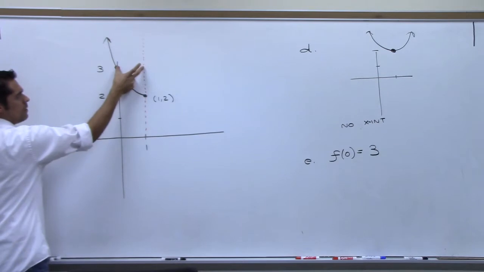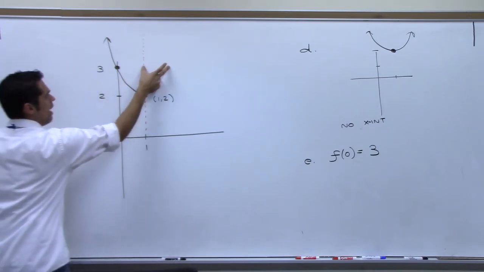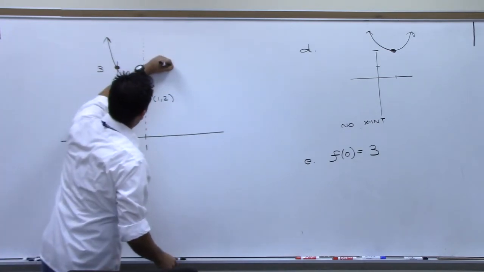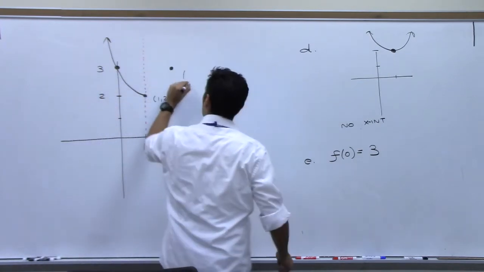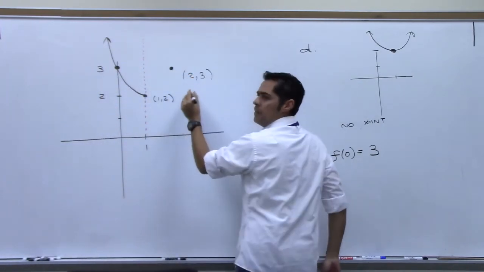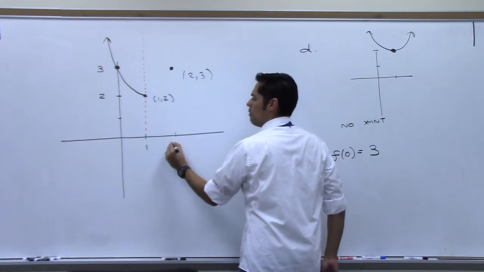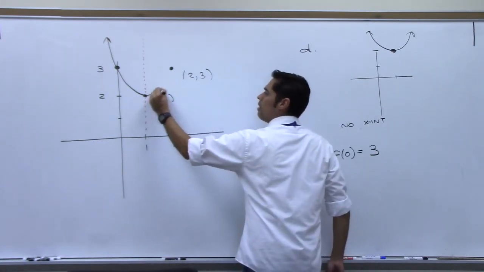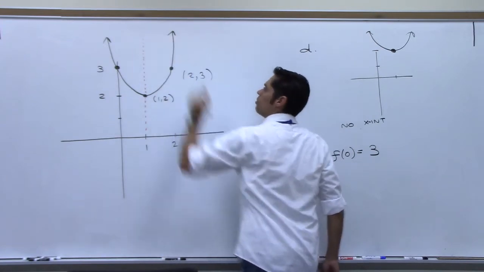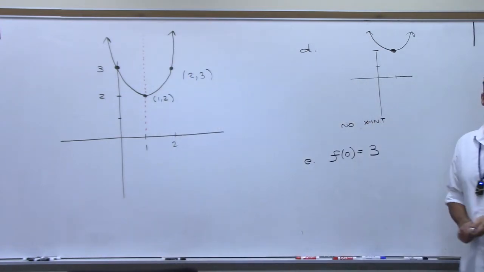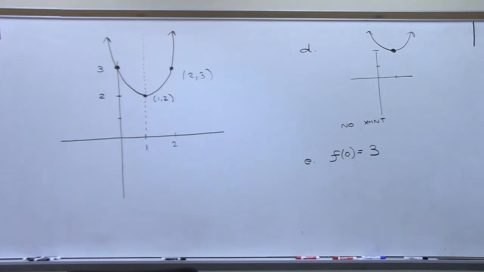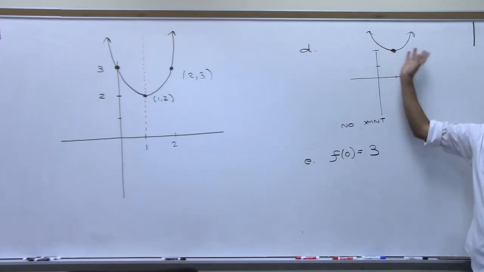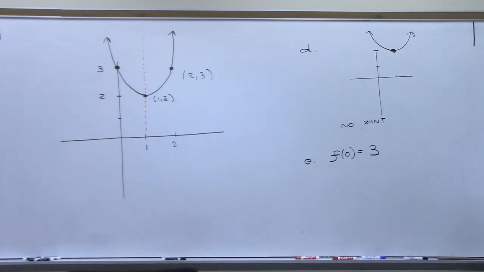So if I just go 1 over on the other side like that, this is actually the point (2, 3). Because if this is 1, then moving 1 over is 2, so it's (2, 3). And then I can draw it like this. That's a little more precise than the other one. I have a little bit more information, and that's what I'm looking for.